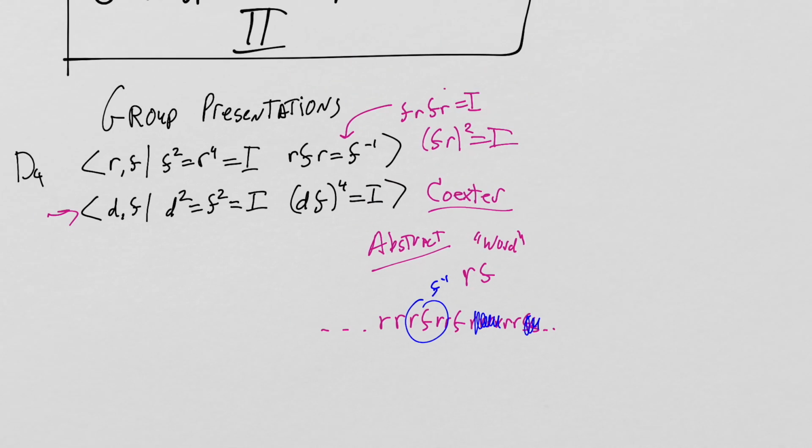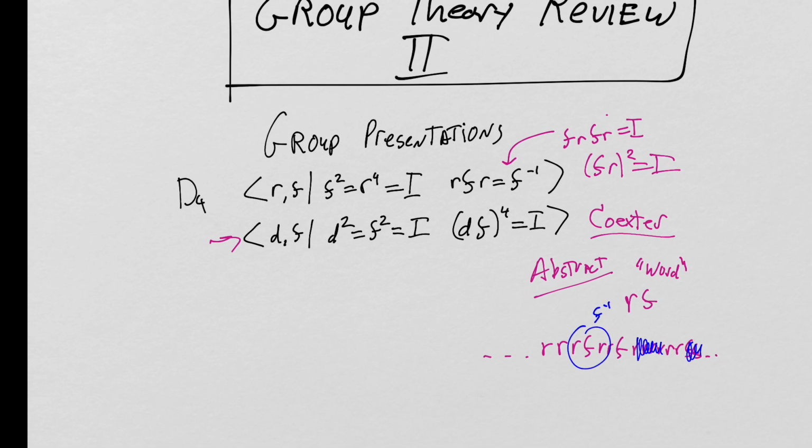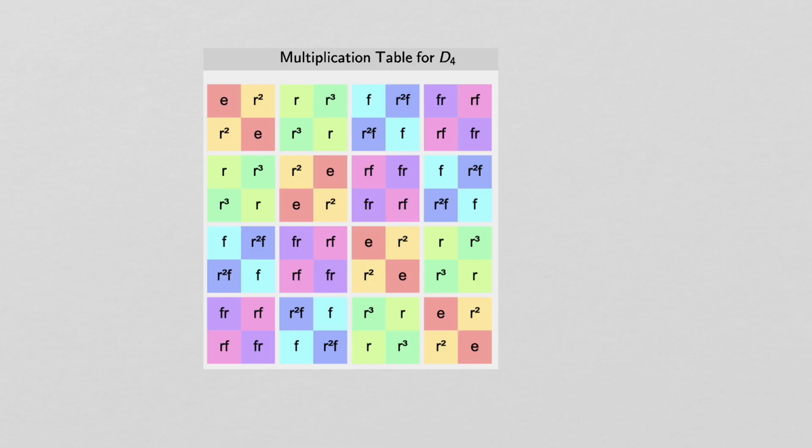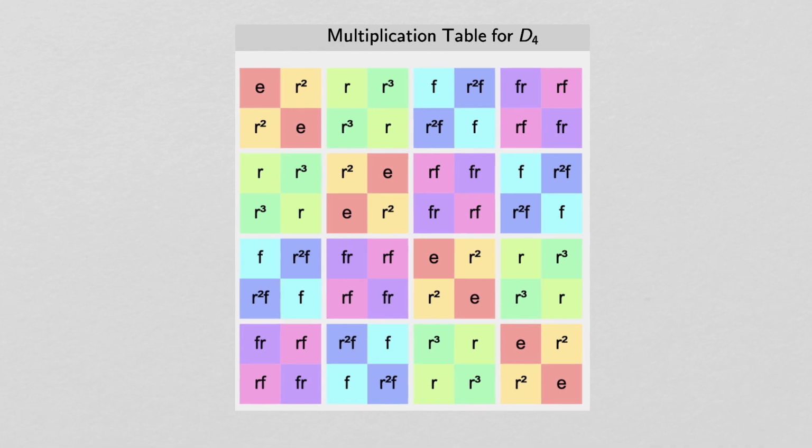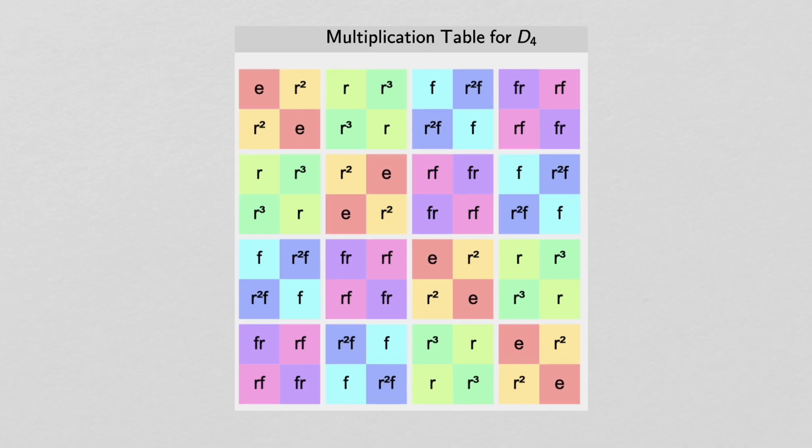And by the time you do that, you end up with just a tight little set of group elements, 8 total, right? The multiplication table for D4 is given here, taken directly from the Group Explorer. This is clearly done using the generators R and F, but we could have turned it into F and D, where D is a diagonal flip.